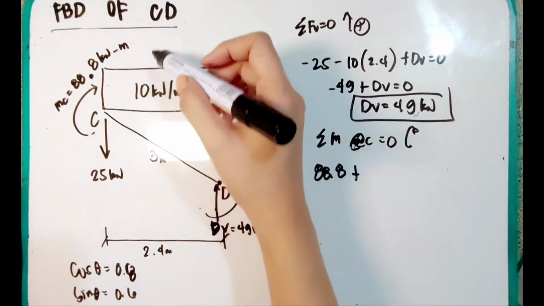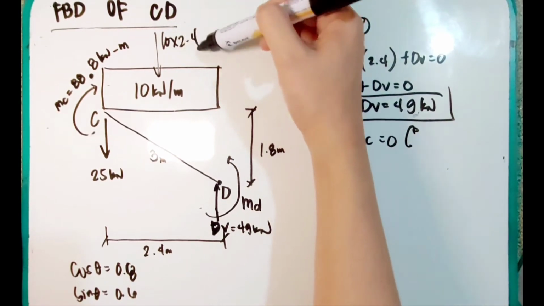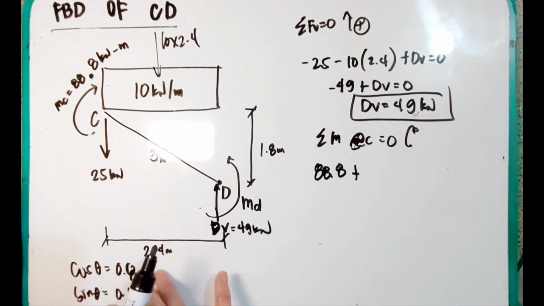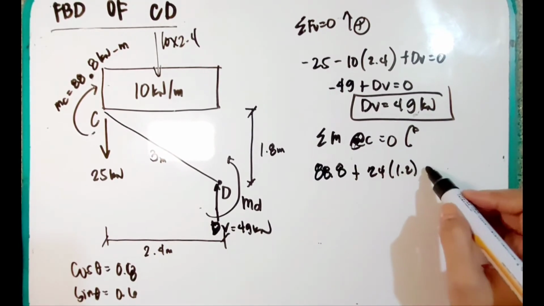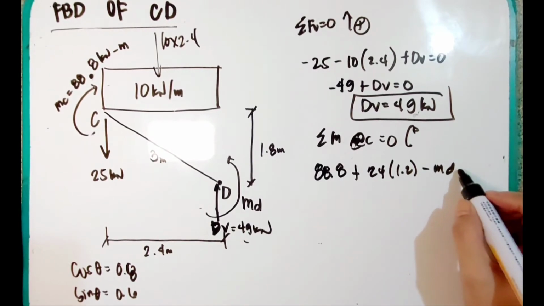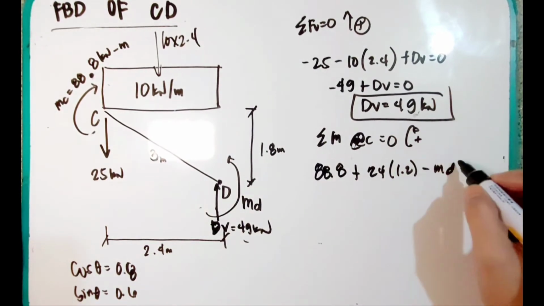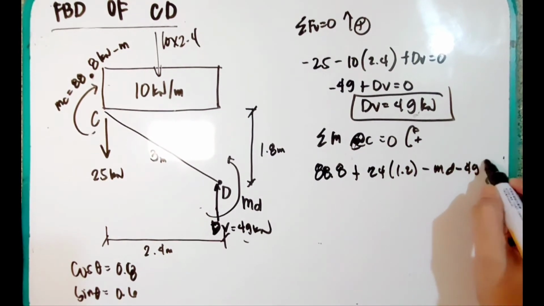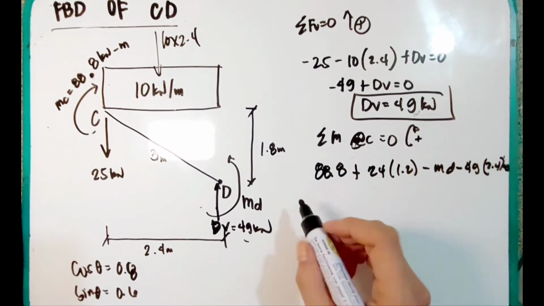Okay, plus, kunin natin yung resultant nito which is 10 multiplied by 2.4. That is 24 multiplied by kalahati ng 2.4. So, 24 times 1.2 minus MD. Meron pa tayong 49. So, counter yan kasi yung direction niya papunta sa opposite. Okay, so negative 49 multiplied by the distance of 2.4 equal to 0.